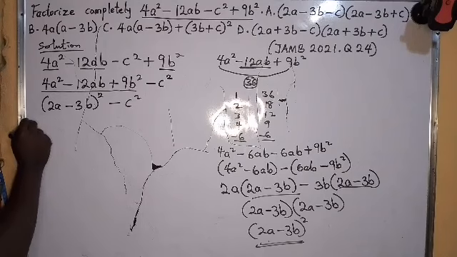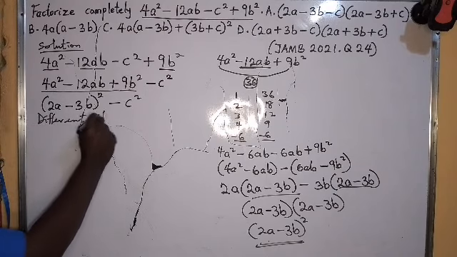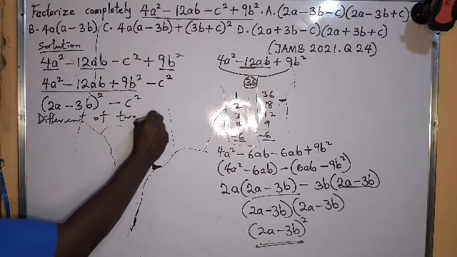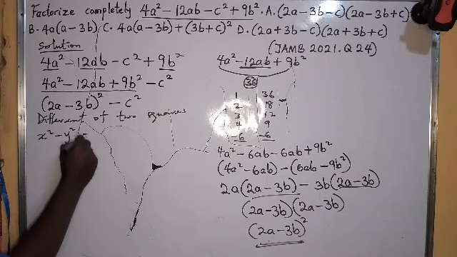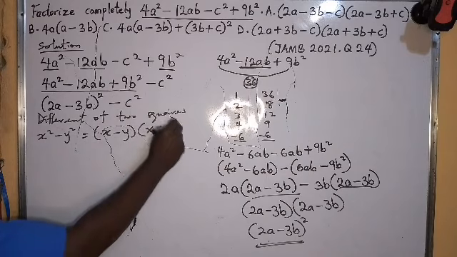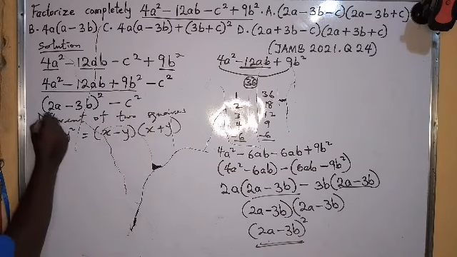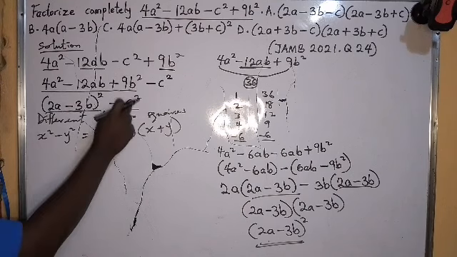This one, we have this formula. This is what we call difference of two squares. If we have x squared minus y squared, this will give us x minus y, x plus y. Let's take this as x and this one as y. So this is x squared minus y squared.